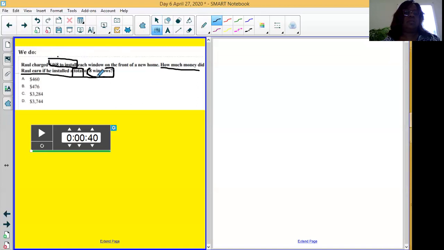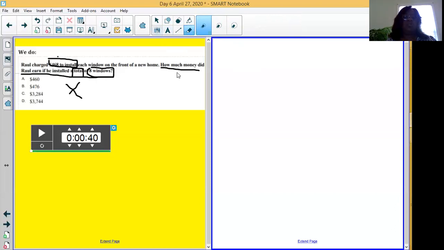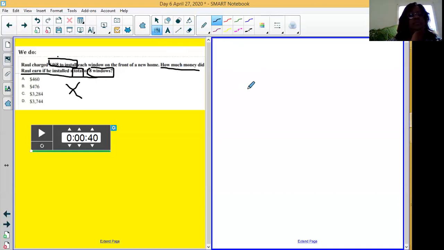So if he had charged $468 and he had 8 windows, total here would mean that I need to multiply. So I'm going to take my 468 and multiply it by 8. I'm going to pause and let you catch up to where I am.